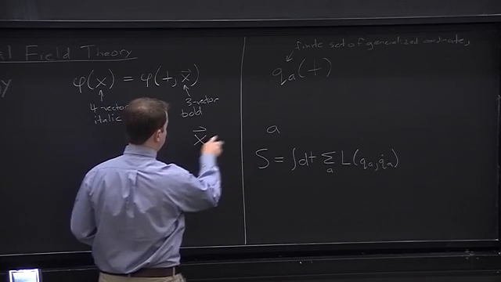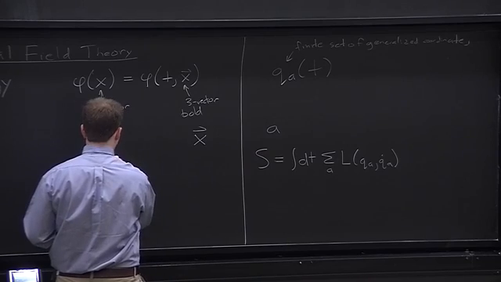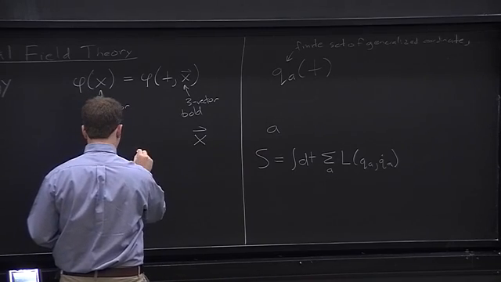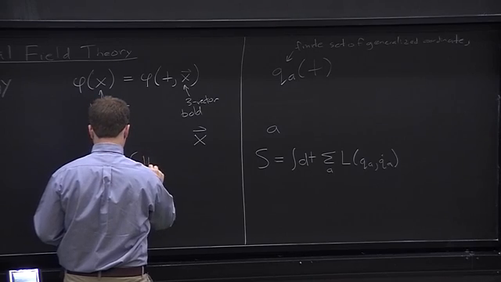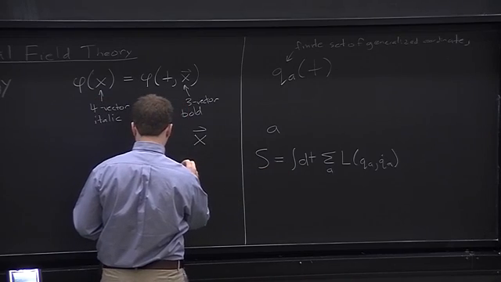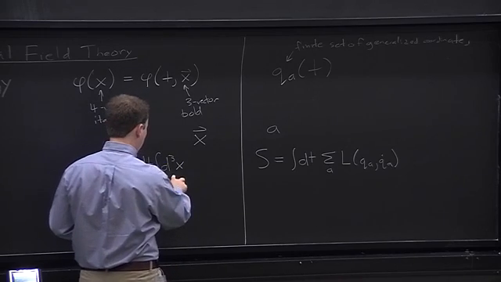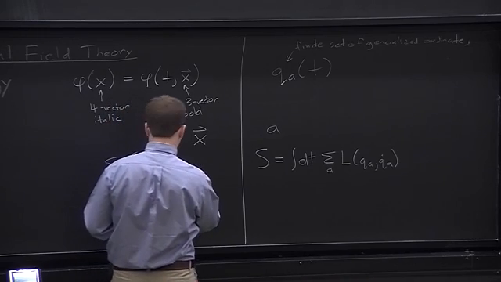And if we use this analogy to write the corresponding equation for a field, we get that the action is just the sum over the coordinates here becomes an integral over the positions.